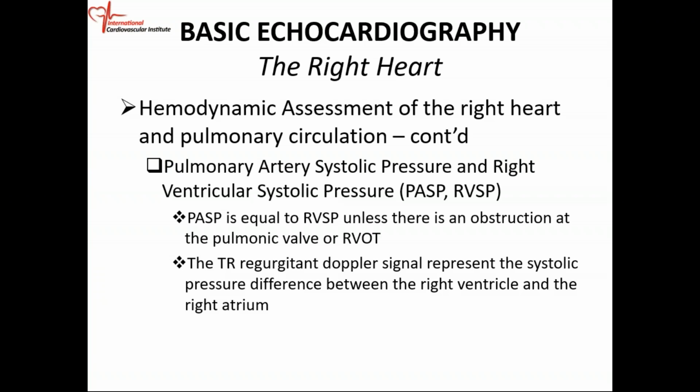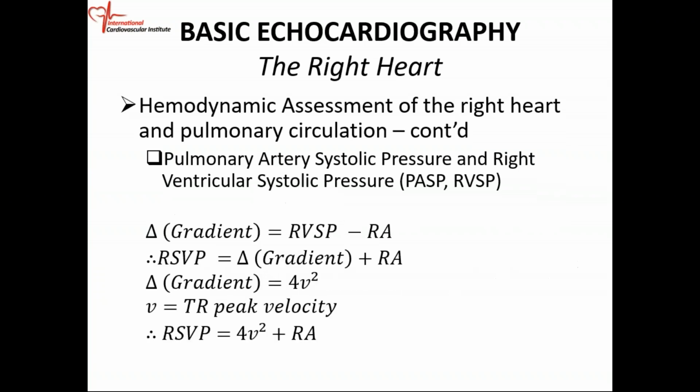Therefore, the right ventricular systolic pressure should be greater than the right atrial pressure. The difference is what we call the gradient. And if you remember the modified Bernoulli equation, gradient is equal to 4v squared. So if we get that TR velocity, we square the velocity, multiply by 4, and we get the gradient.